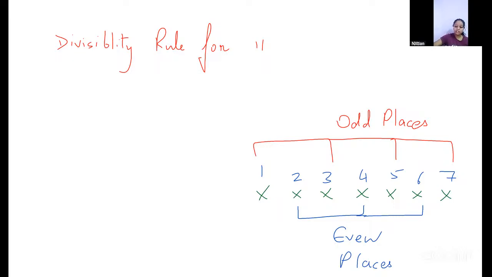Now, moving on to the divisibility rule, we will take an example and see how the divisibility rule of 11 works. We have a number 2080217. I have to check if this number is divisible by 11 or not.